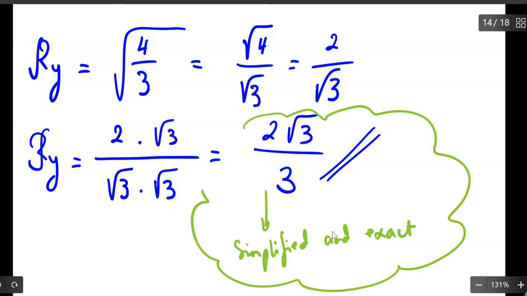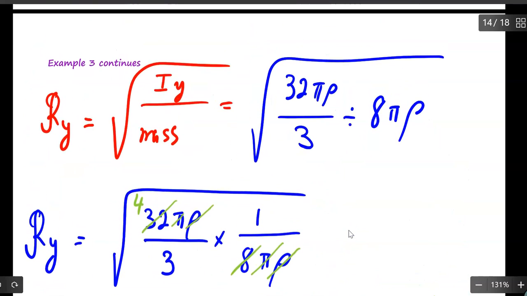You cannot have it as a decimal. To simplify means that if it is a radical, then you need to rationalize the denominator. It means that you cannot have the radical as a denominator. And simplify as a fraction means your fraction has to be in lowest terms. Okay, so that's the Ry that we found.